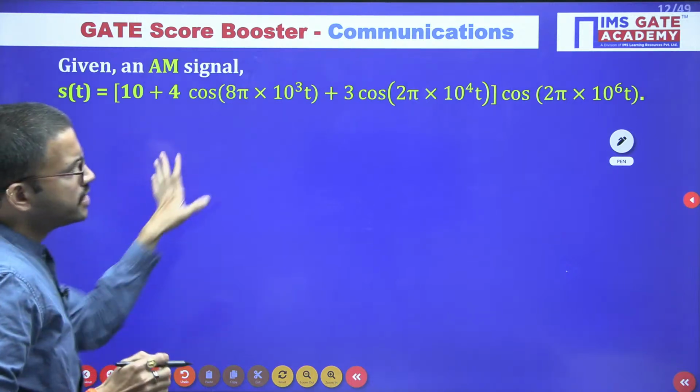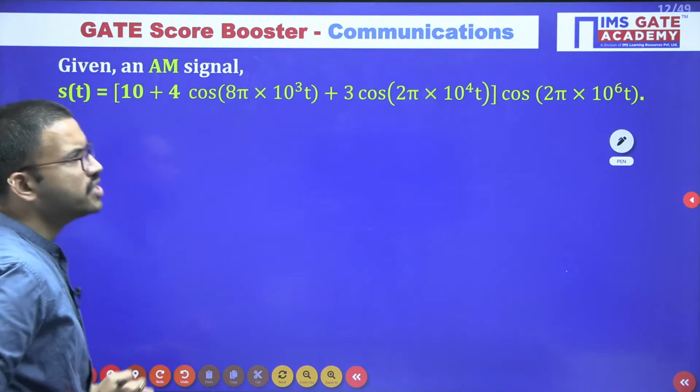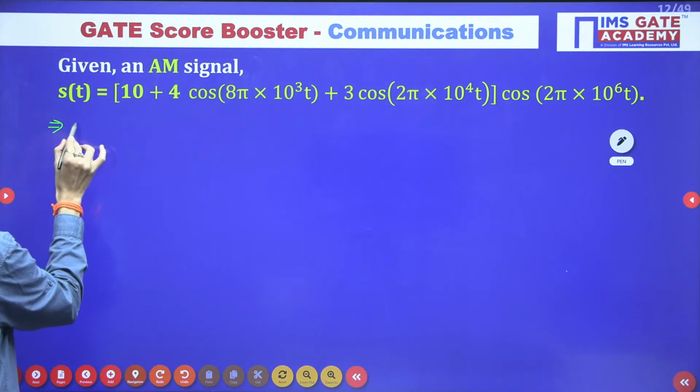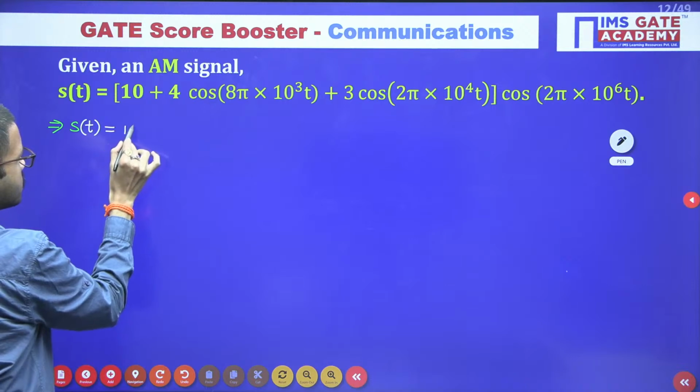Whatever the given equation is, I have copied here. This is the given AM equation. Now let us represent it in the standard form. So here S of t, you can take 10 as common.